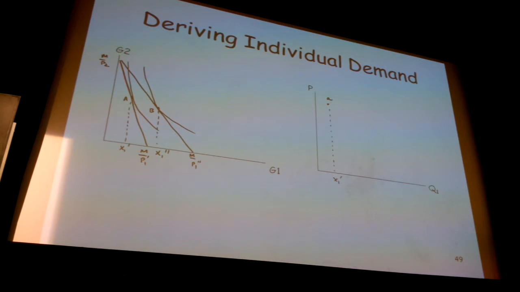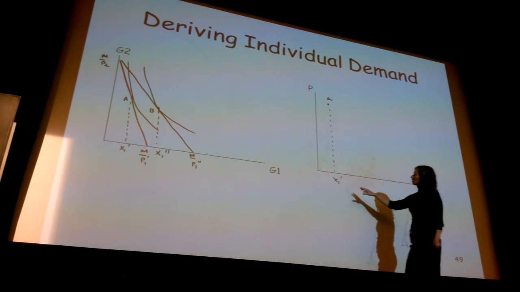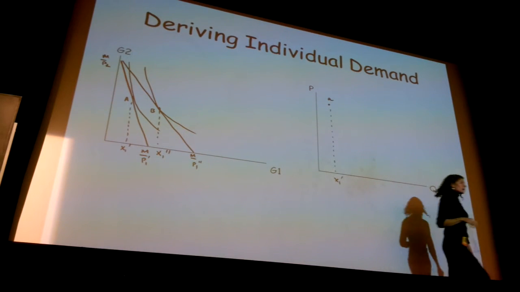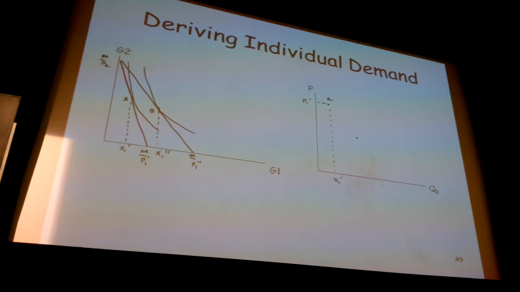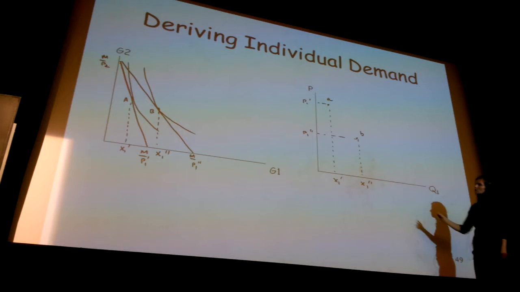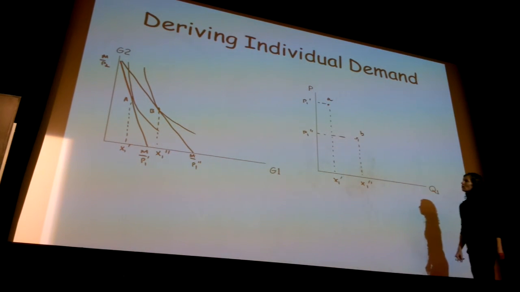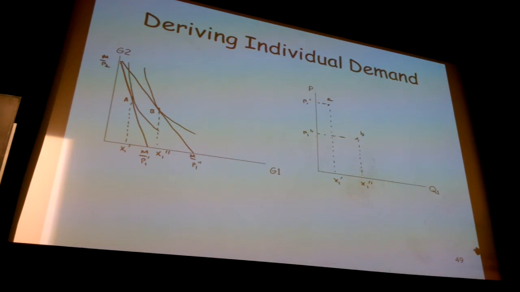Now, over here on the right, I can graph this new price and new quantity level. I'll label that one lowercase b to indicate that it corresponds to the point B that we had over there on the left. And we'll do one more of these.